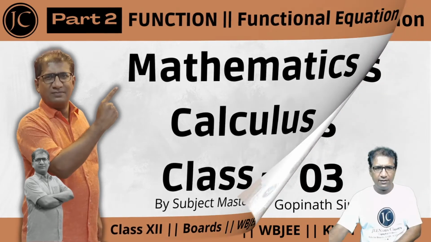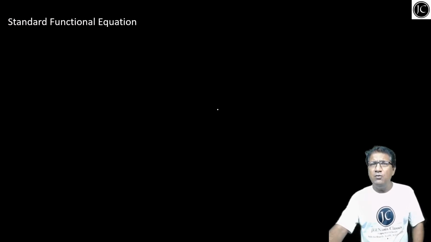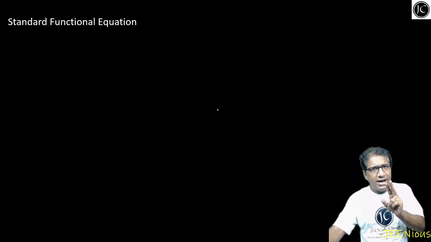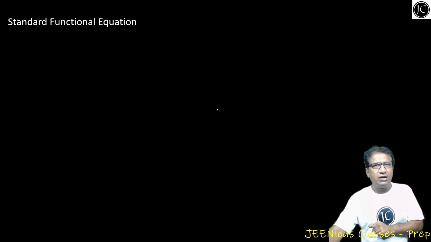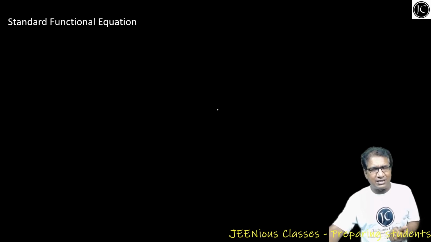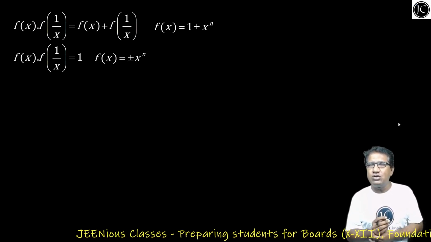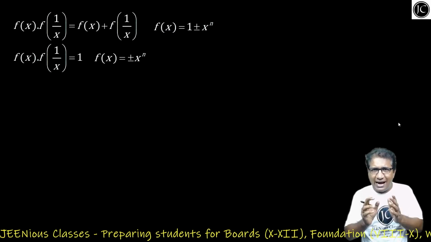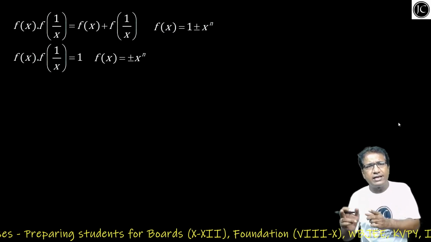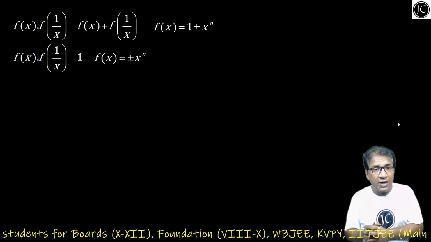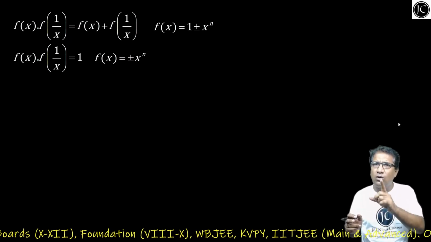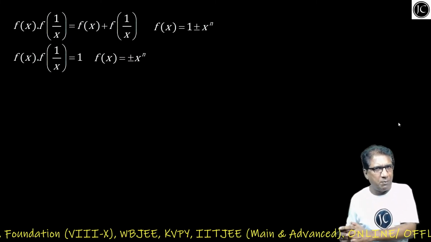So let's begin. Now we are going to remember some standard functional equations. We have already done two standard functional equations in my previous class, which are like this. f(x) into f(1/x), if it equals f(x) plus f(1/x), then what did we take? f(x) equals 1 plus or minus x to the power n.